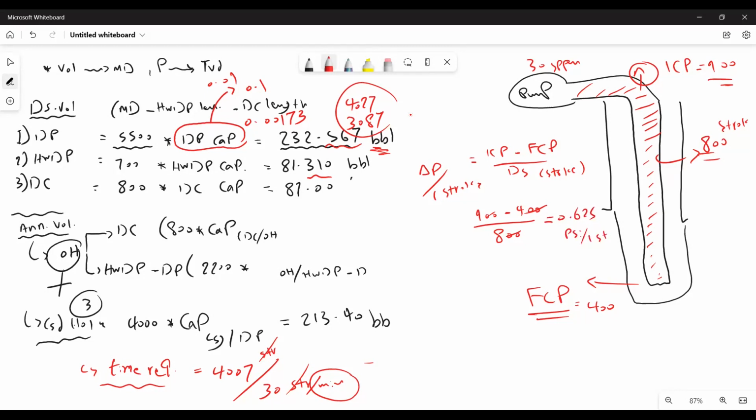So after pumping one stroke here, the pressure will drop by 0.625. So it will be, for example, 899.3, right? 396.